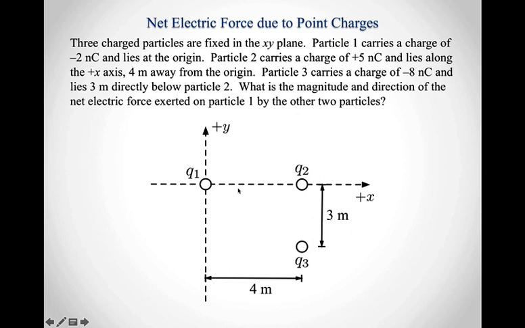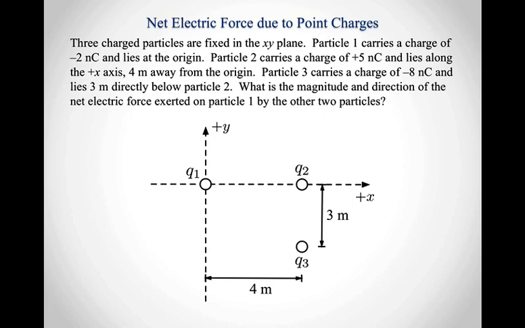If we want to calculate the net electric force on particle 1, then we only want to think about the forces that charge 1 feels, not any that charge 1 causes, and not any that take place between two other charges. That's a detail we need to be clear about up front. Otherwise, we're going to be adding together the wrong vectors.